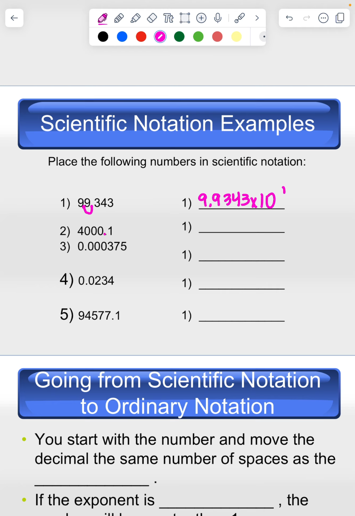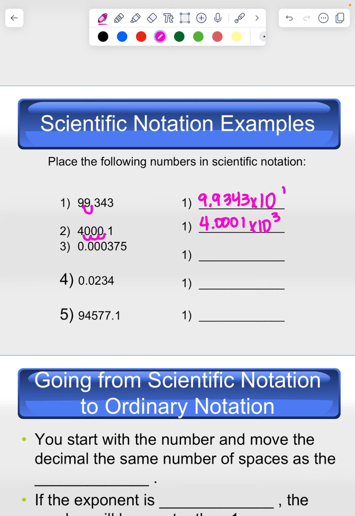We want to move this next one 3 times, so it'll be 4.0001 times 10 to the third. Our original number was greater than 1, so we have a positive exponent, and we moved our decimal place 3 times.